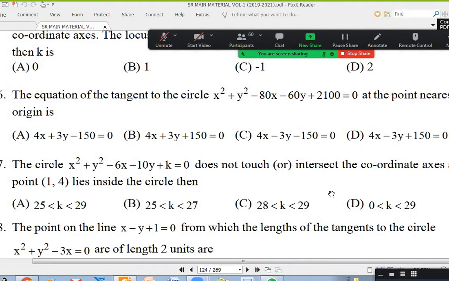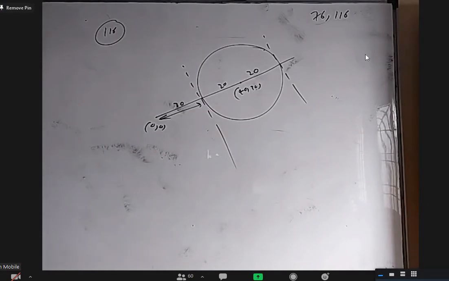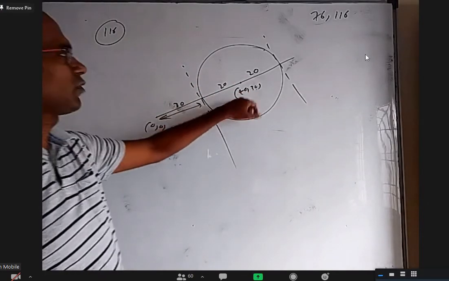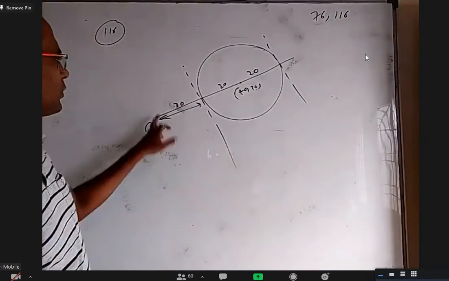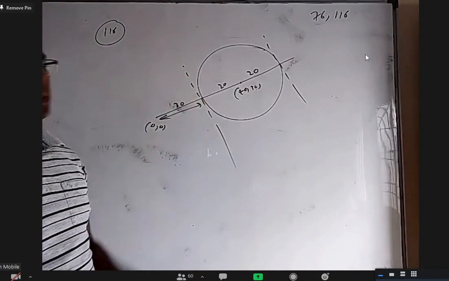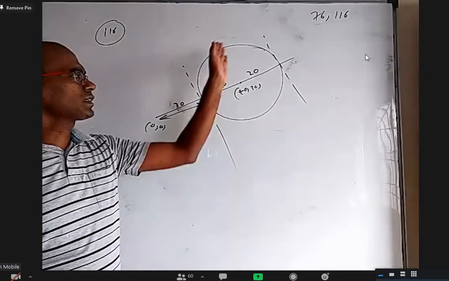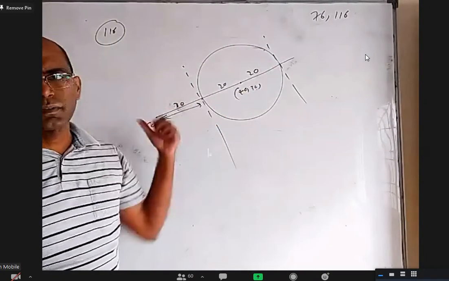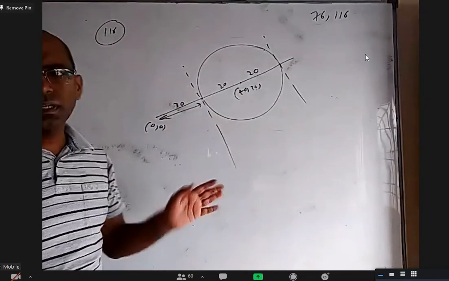From the origin to the center, the distance is 50. Origin is outside the circle whose center is 40, 30 and radius is 20. So when I subtract 20, it will be 30. There are two tangents, with one nearest point and one farthest point with respect to the origin. At the nearest point, they want the tangent equation.